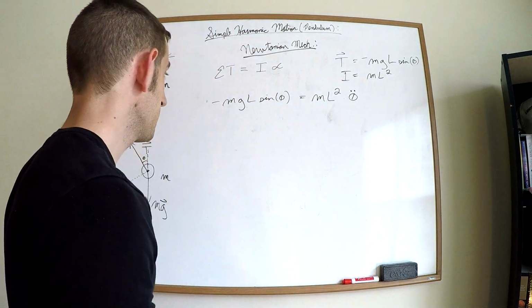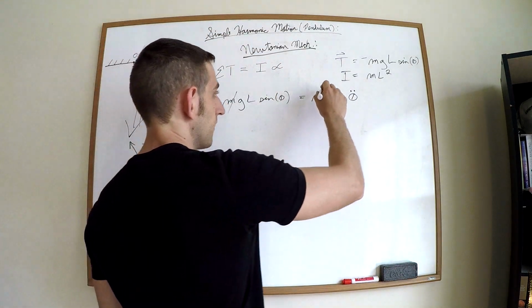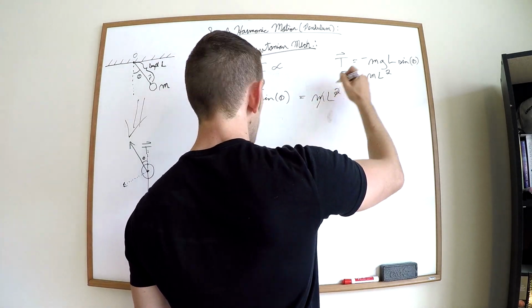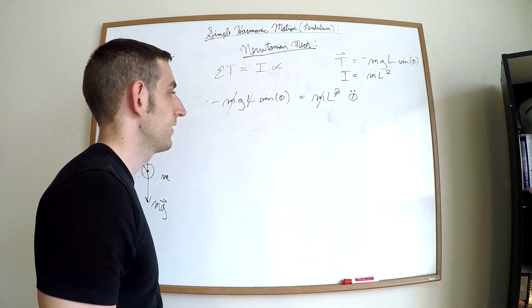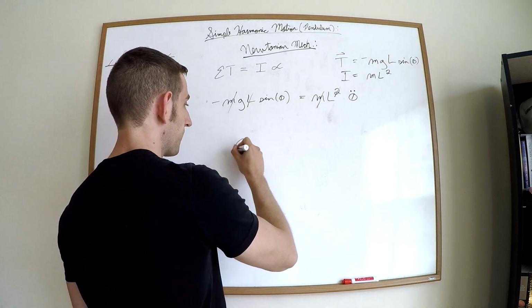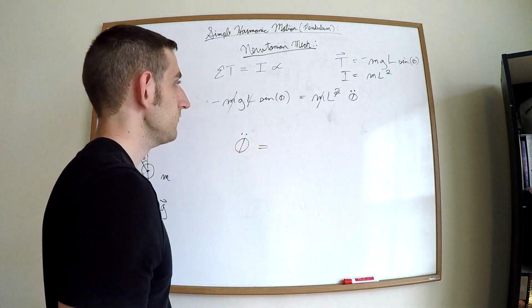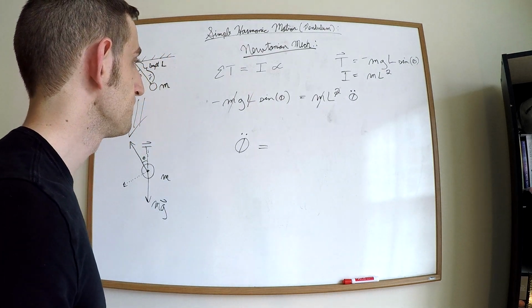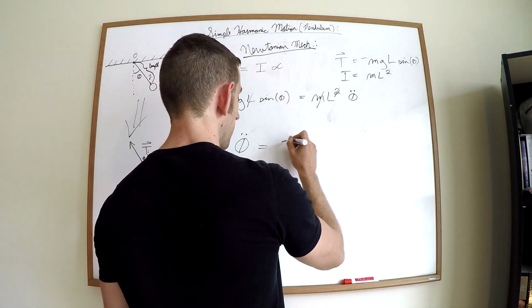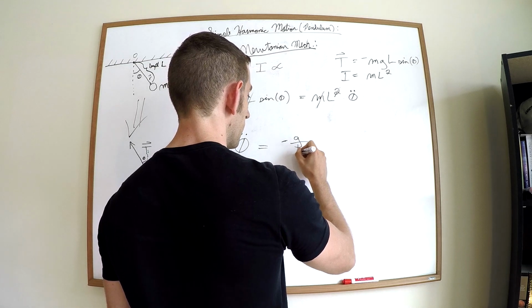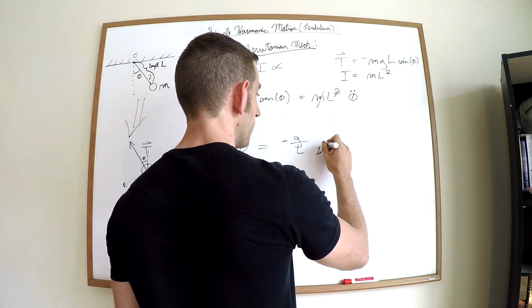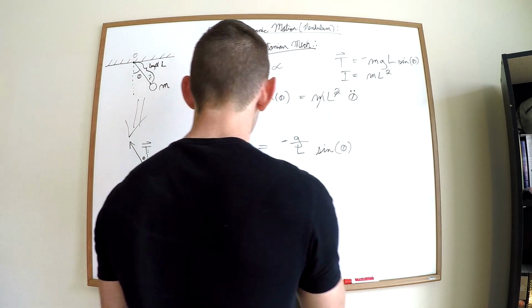However, we can simplify it a bit. We take bam, bam, bam, bam. So we end up with theta double dot equals negative g over L sine theta.